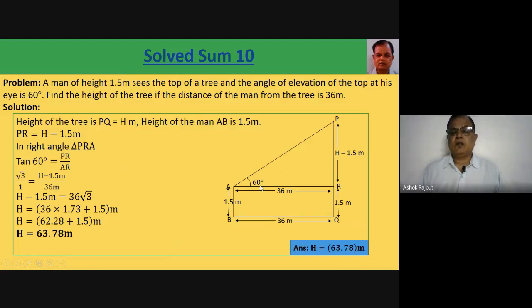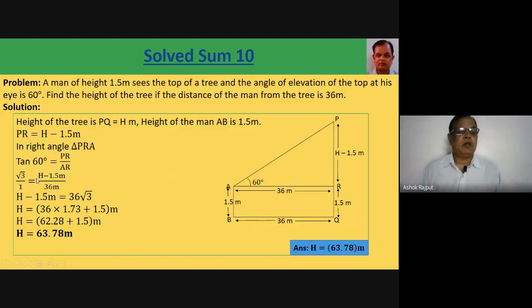As we are seeing here, let the shadow of the telephone pole be x meters and the height, according to the question, be 1 by root 3 of x meters. Now, in triangle ABC, tan theta equals BC upon AB.